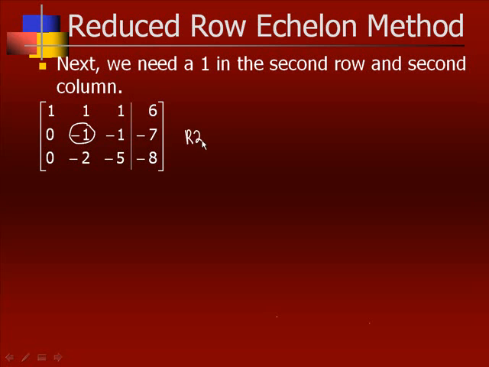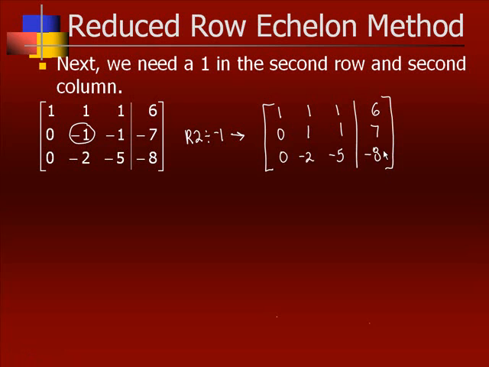So we're going to do row 2 divided by negative 1, and that will give us a new row 2. So we get 0, 1, 1, 7. Negative 1 divided by negative 1 is 1. Negative 1 divided by negative 1 is 1. Negative 7 divided by negative 1 is 7. And then that third row has not changed yet.